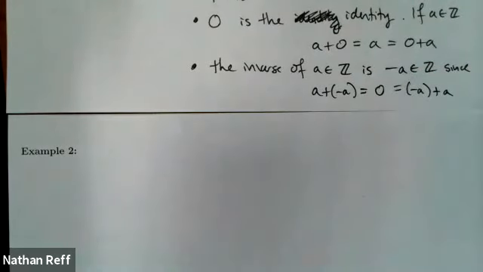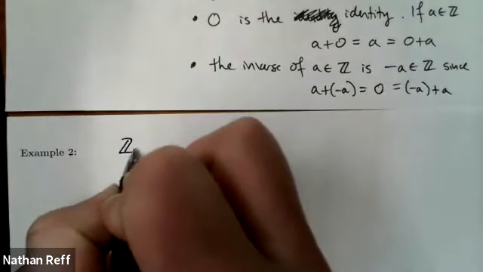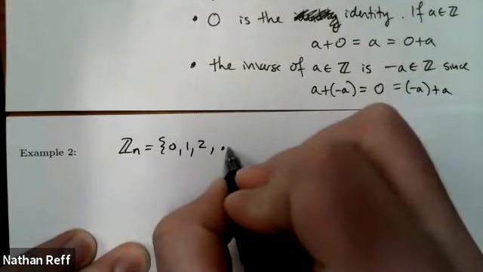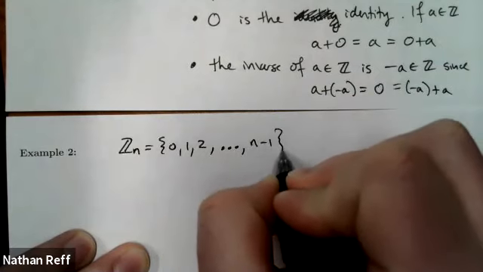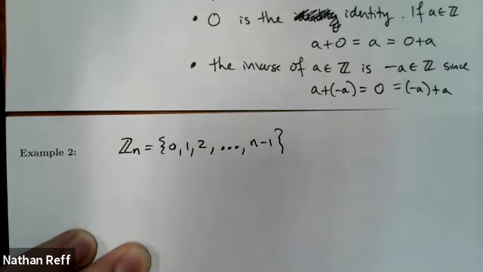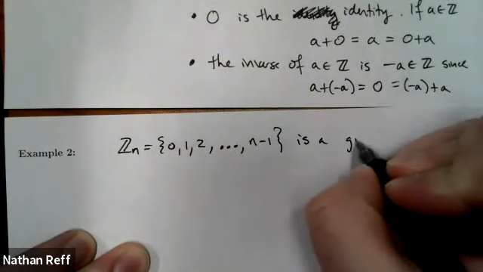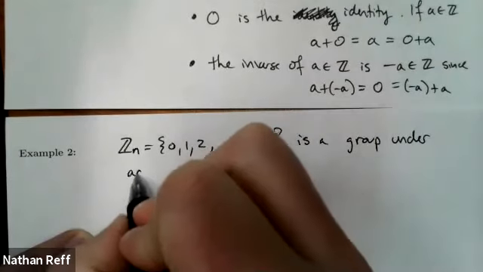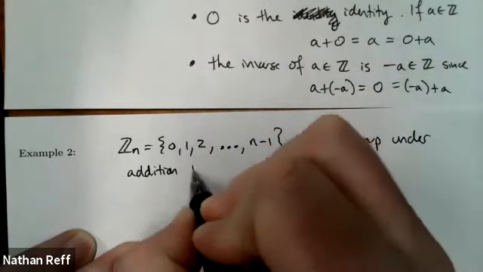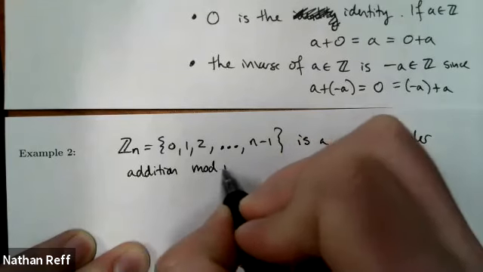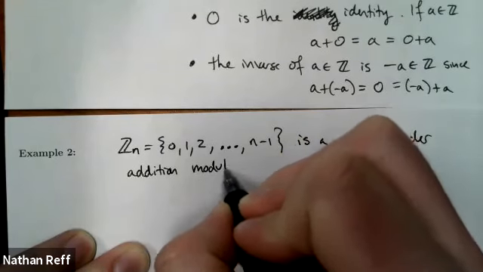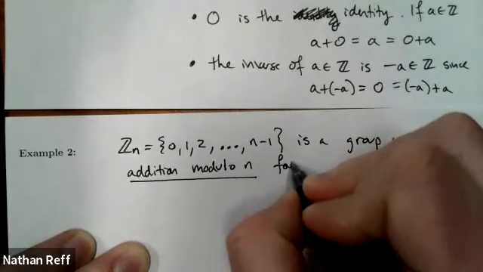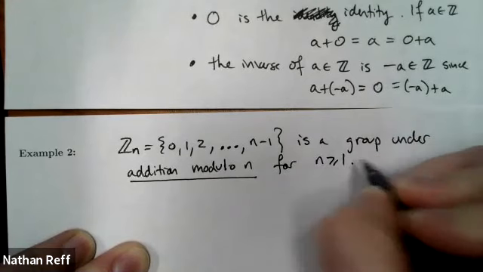Second example, let's go back to Zn. Remember, Zn is integers from 0 up to n minus 1. Okay. So this is a group under addition modulo n, for n greater than or equal to 1.